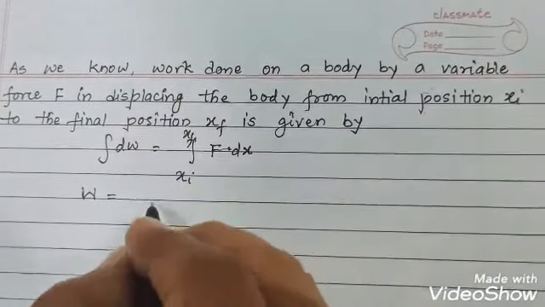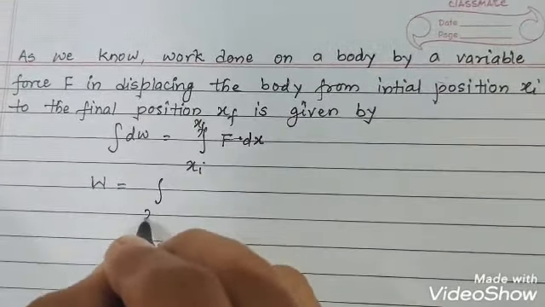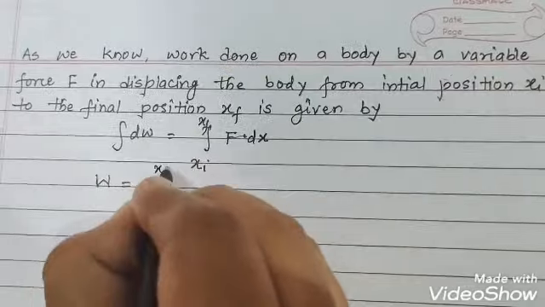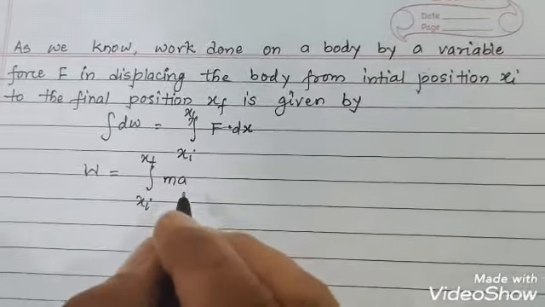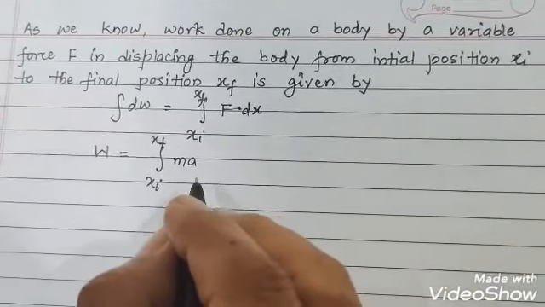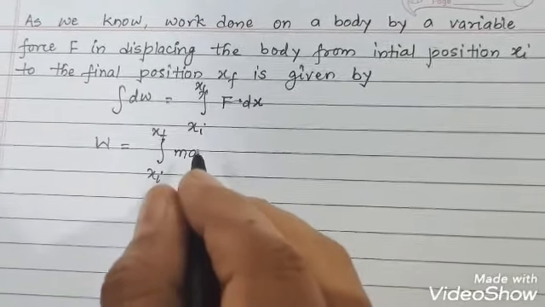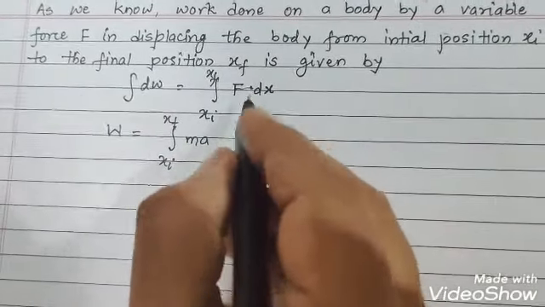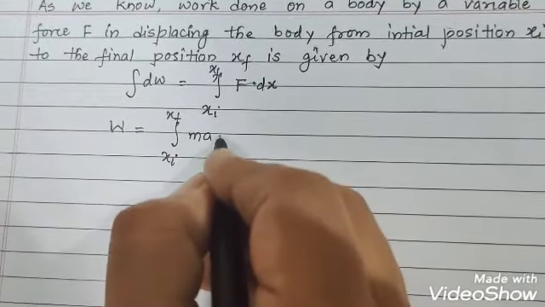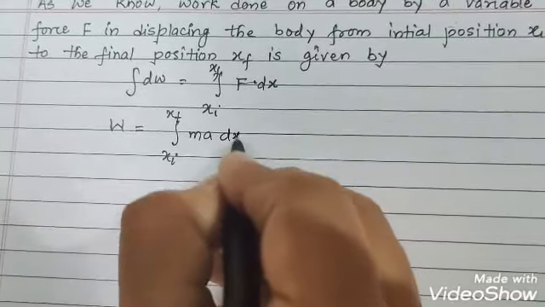And in place of force we can write mass into acceleration. If the object has mass m, and by applying this variable force the acceleration produced is a, so it is ma dx.